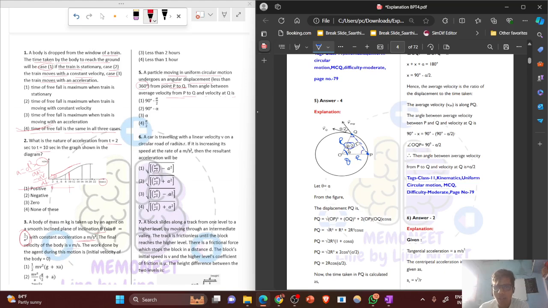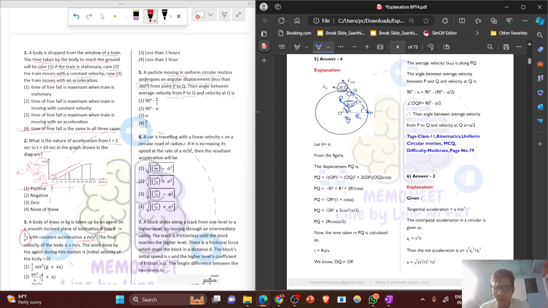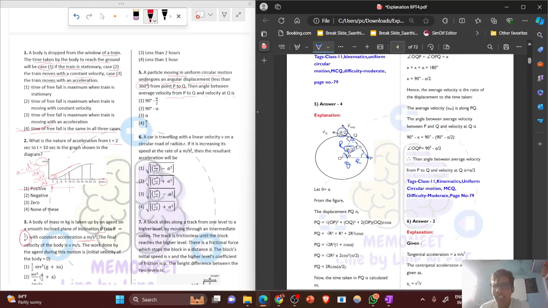Now with geometry, we can see that it's theta by 2, and this is 90 minus theta by 2, and this will simply be 90. So if it equals 90 minus theta by 2, then it will simply equal theta by 2.